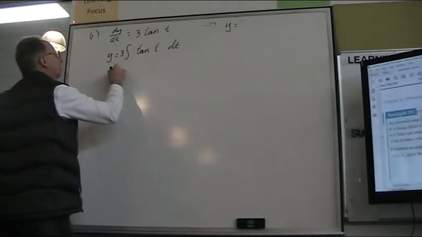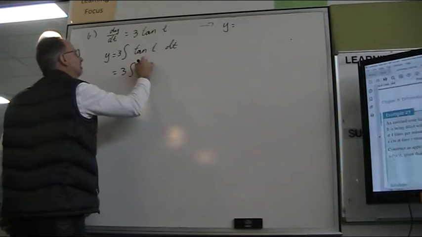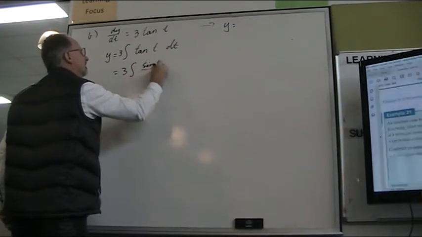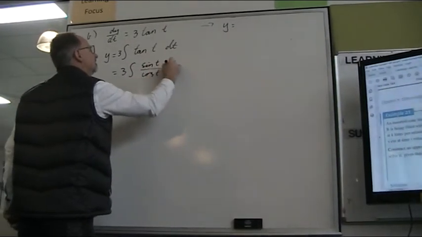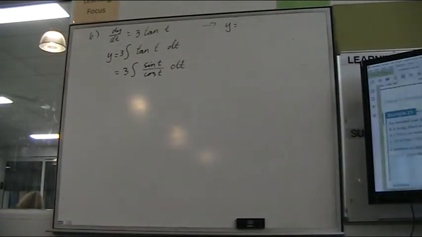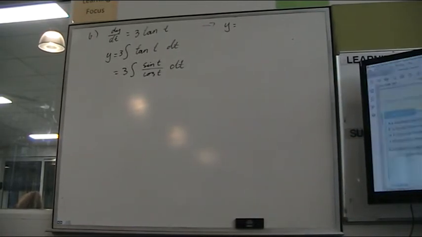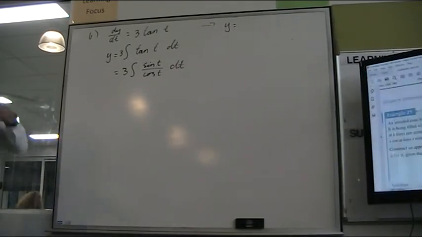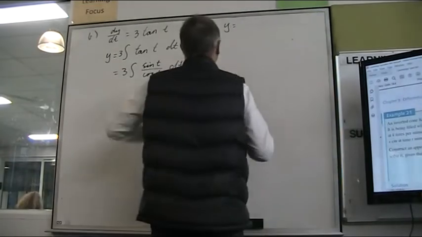Sine on cos. So sine t on cos t. So now we're going to do substitution, aren't we? And u is going to be cos t, yes, since we've got that on the bottom.